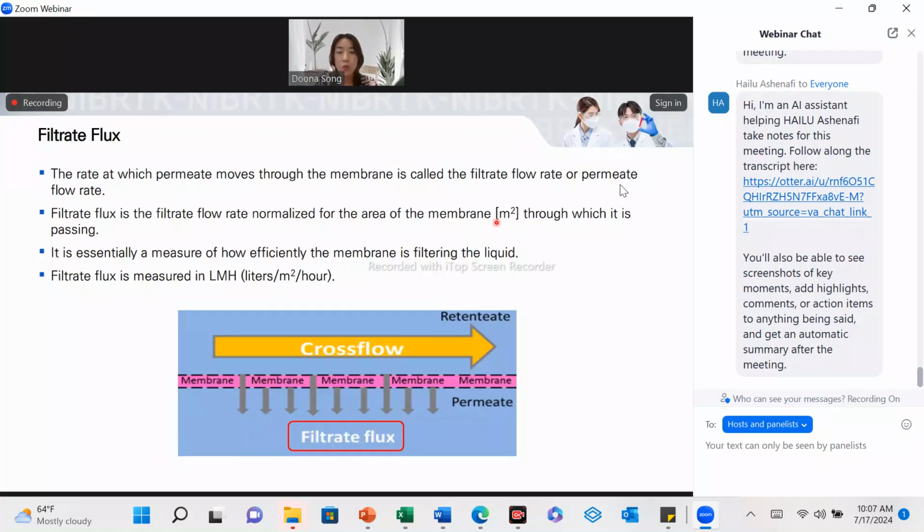This means how much filtrate moves through a square meter of membrane in an hour. It is an essential measure of how efficiently the membrane is filtering the liquid. We measure filtrate flux in LMH, which is liters per square meter per hour.